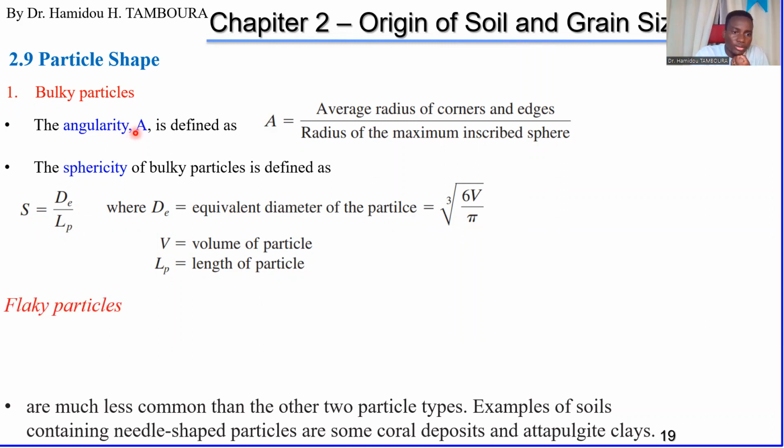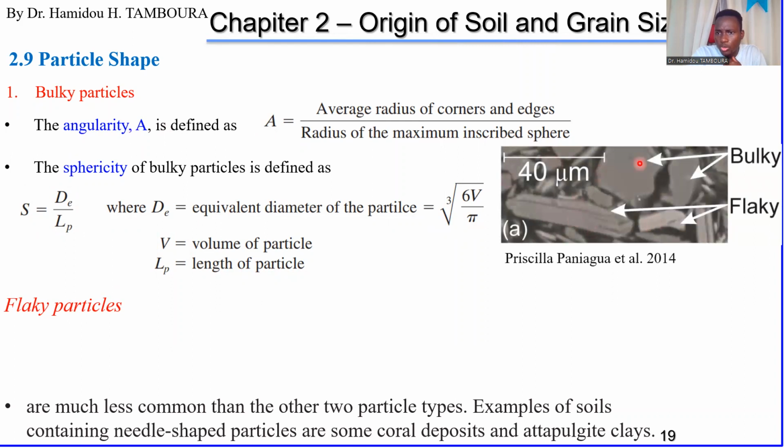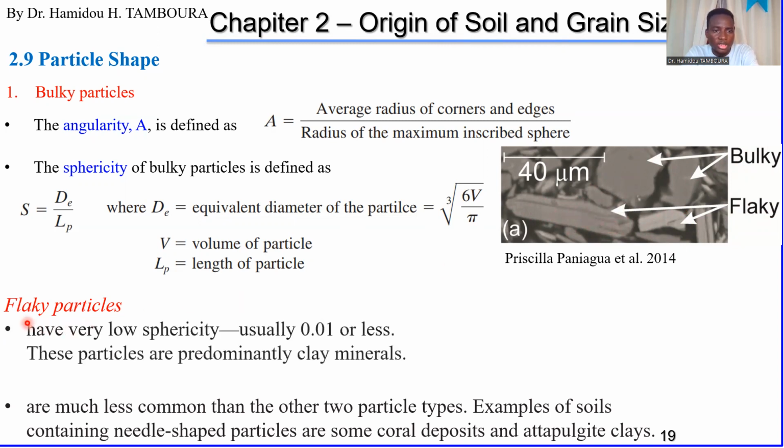Let's talk now about the flaky particle. This photo, microscopic maybe, shows these are bulky particles, but this one is a flaky particle. It shows the difference. The difference is very important here. As you can see, these shapes affect the physical properties of soil. These particles have very low sphericity, usually around 0.01 or less.